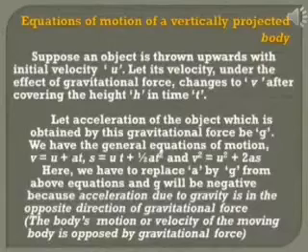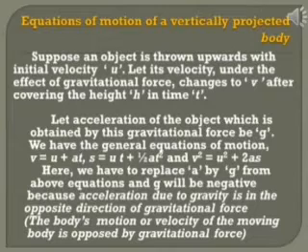Now, let me discuss how to derive the equations of motion of a vertically projected body. What is a vertically projected body? It is a body which has been thrown upwards. Suppose an object is thrown upwards with initial velocity u.